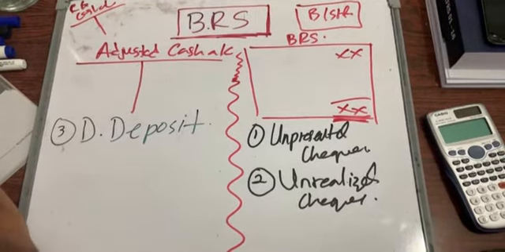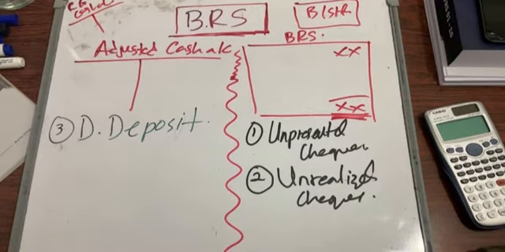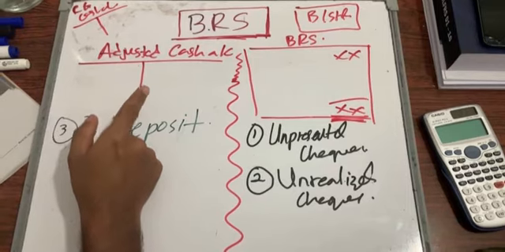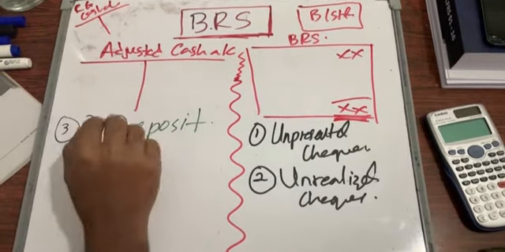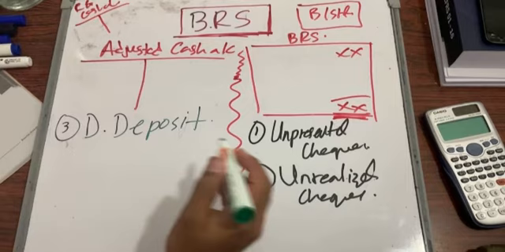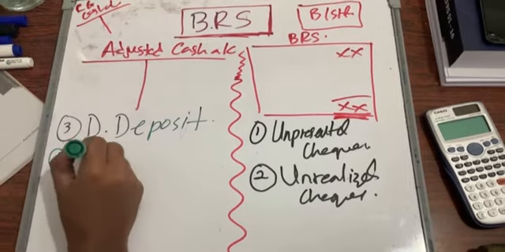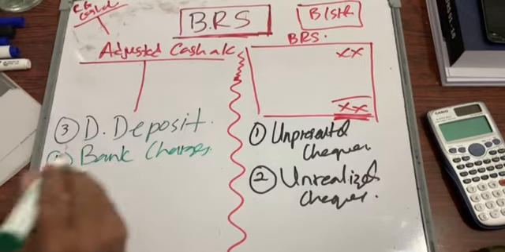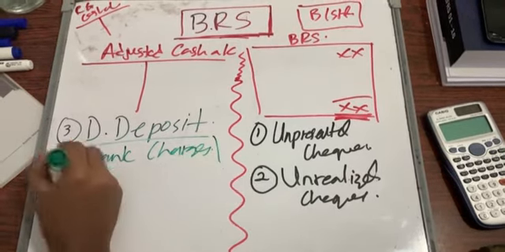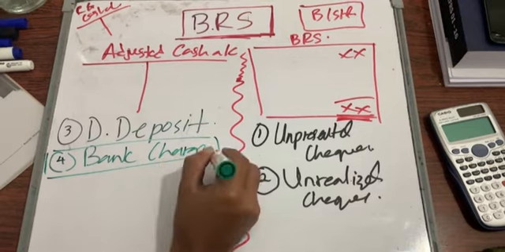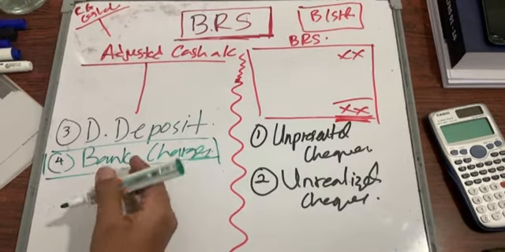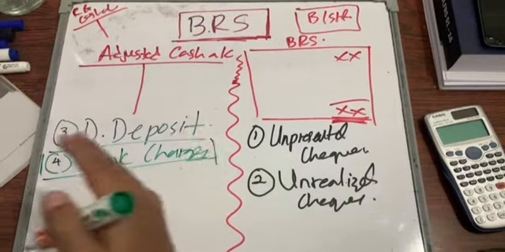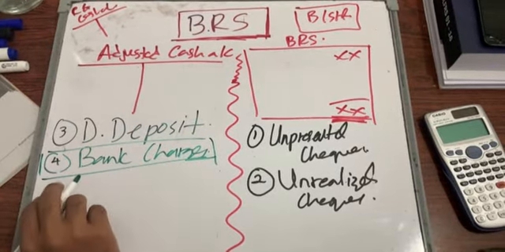Next, bank charges. What do you mean by bank charges? The meaning of bank charges is, for example, the bank is also a business. The bank won't provide us social service.